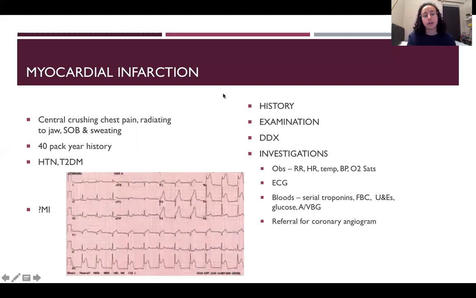Okay, so this is an example of a STEMI, great big ST elevations. Does anyone know whereabouts in the heart this STEMI is happening, with V2, 3, 4, and 5 having the main elevation?